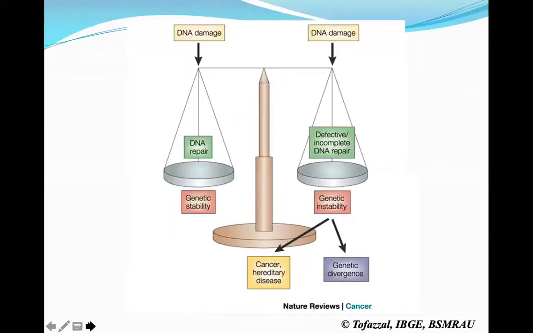So DNA damage and DNA repair should be in balance. If DNA repair takes place properly, then genetic stability is maintained. But with defective or incomplete DNA repair, genetic instability and genetic divergence take place. For example, in rice, Oryza sativa, we have 8,000 different genotypes in the gene bank of BRRI, the Bangladesh Rice Research Institute.